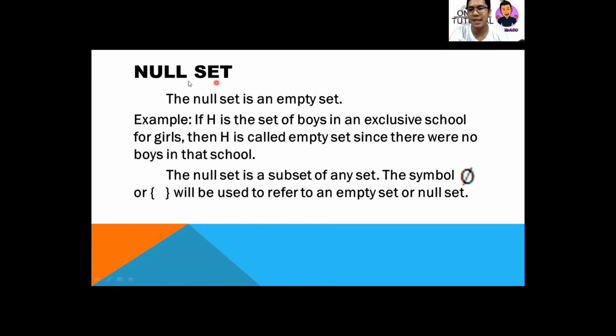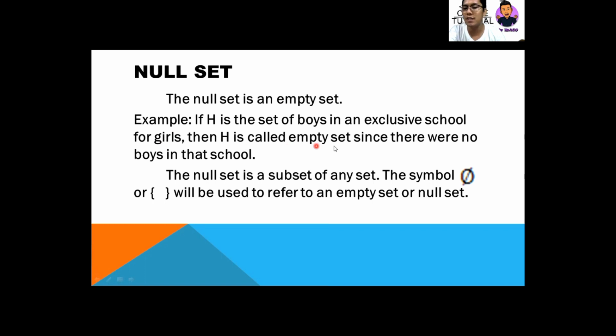Next is the null set. What is the null set? The null set is an empty set. For example, if H is the set of boys in an exclusive school for girls, there are no boys in that school.